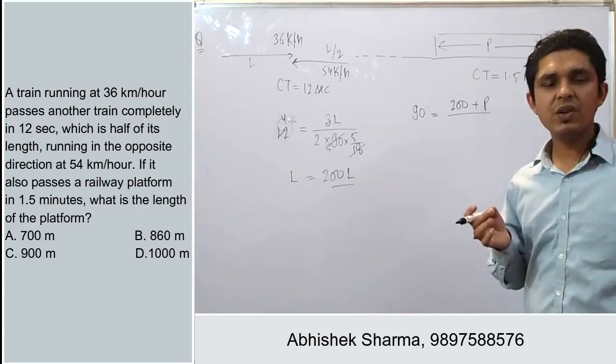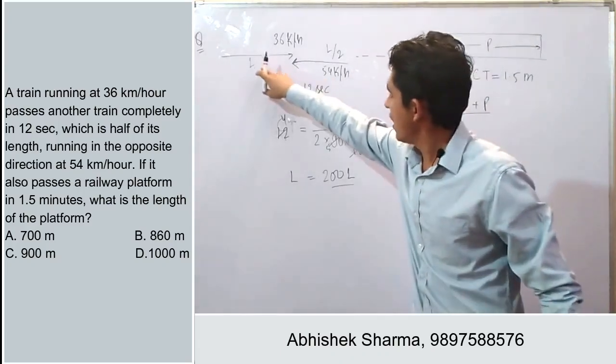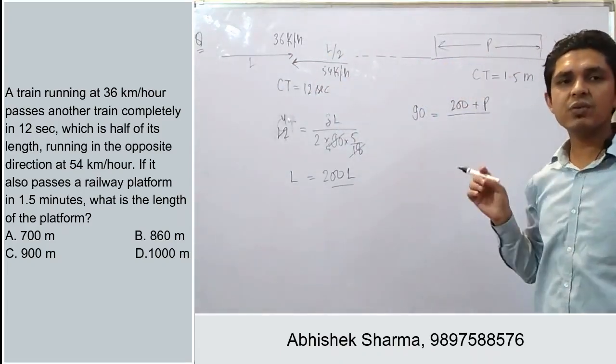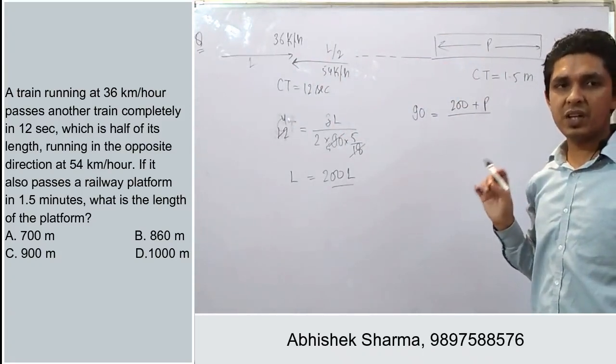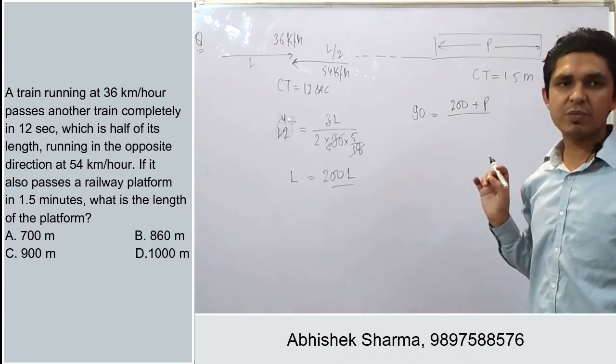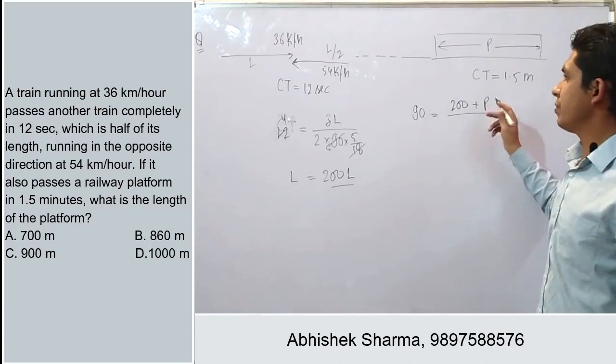Now, relative speed of what? Relative speed of the train and this platform. We can find out the speed of the train, but we cannot find out the speed of the platform because the platform is stationary.